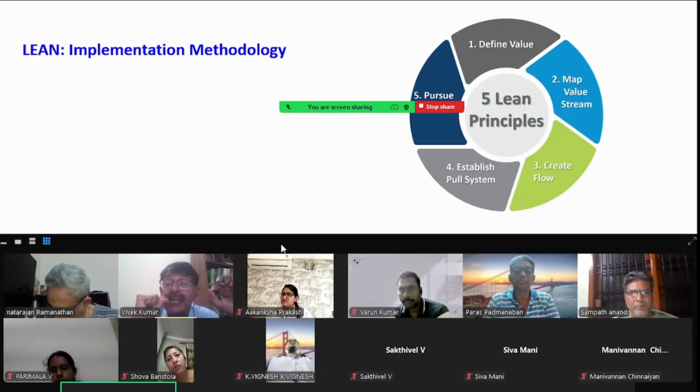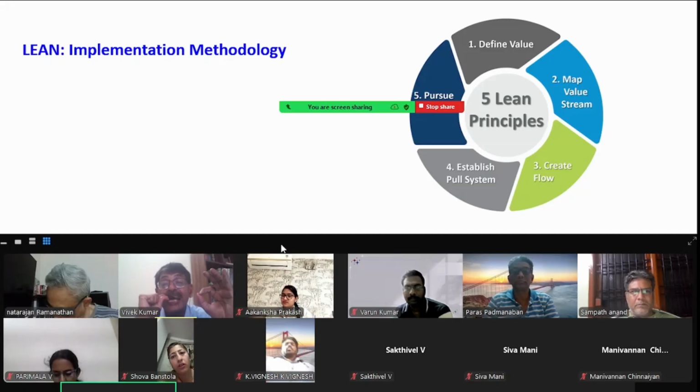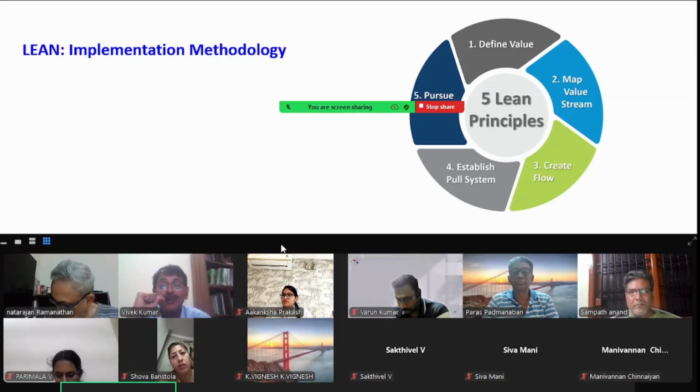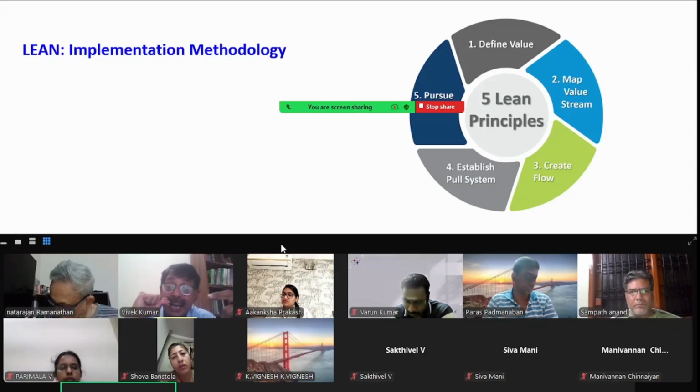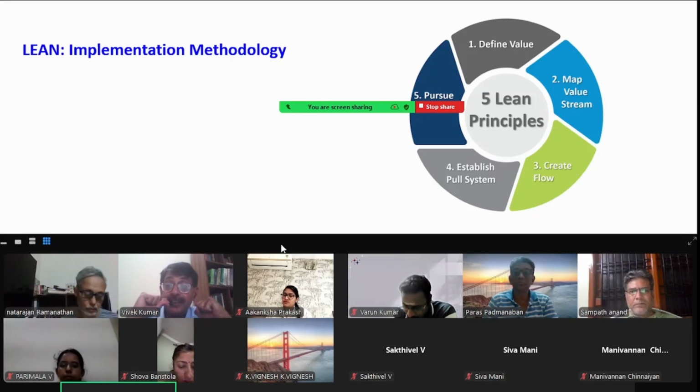It always starts with saying that the first step, please identify what is the value from the perspective of the customer. So it keeps reinventing the value. It keeps re-understanding and refreshing our understanding of what the customer wants. Can you see that beauty?